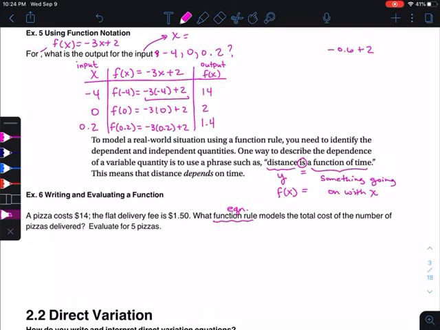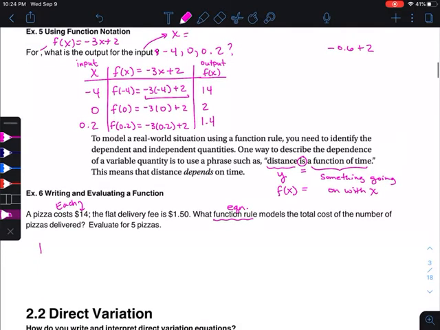So a pizza costs $14. That means each pizza is going to cost $14. That means 14 is going to multiply by the number of pizzas, which means we need a variable for pizzas. So maybe we want to say P, the number of pizzas. Pick a variable. If you want to use X, you can use X. We have a flat delivery fee of $1.50.